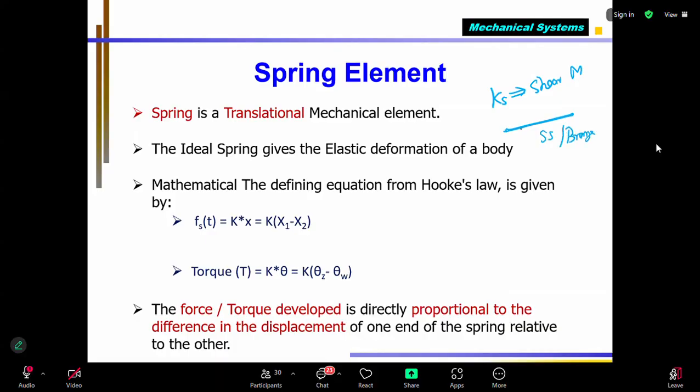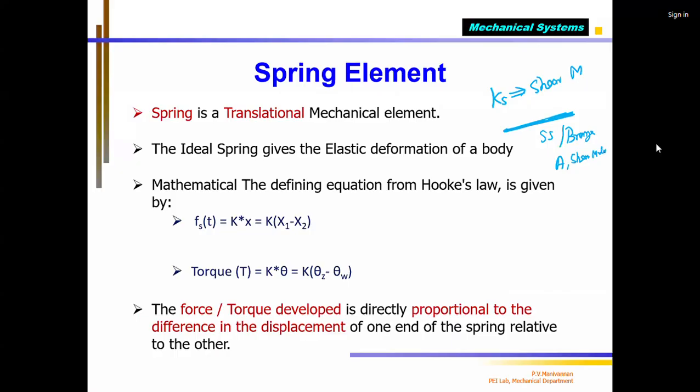The wire has some length, it is a solid wire, generally cylindrical in shape, and it has a cross-sectional area. The cross-sectional area and the shear modulus of the material you are using are going to decide the stiffness of the spring.